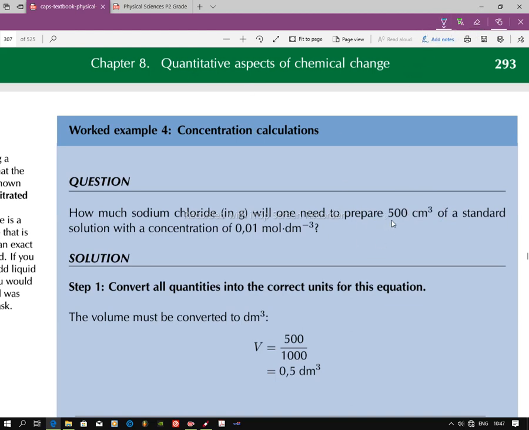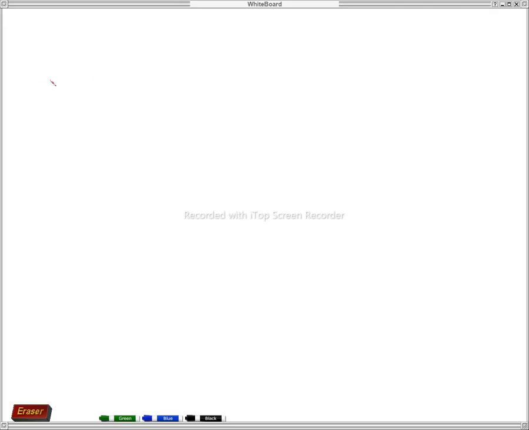We are given the volume. We are also given the concentration. They ask how much sodium chloride we need to prepare a standard solution of that concentration. First, let me go to the board so that I can explain this much better. We are given the volume as 500 centimeter cubed.